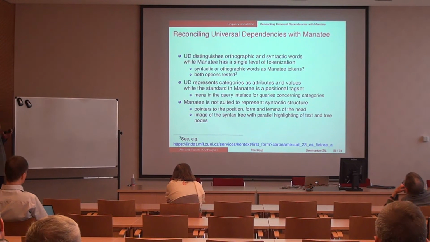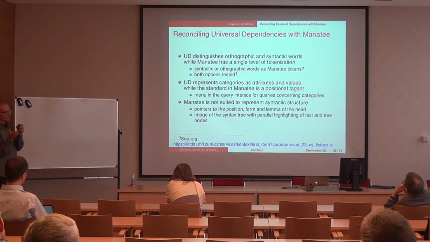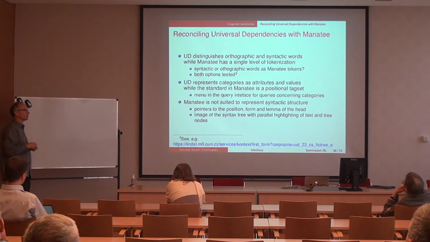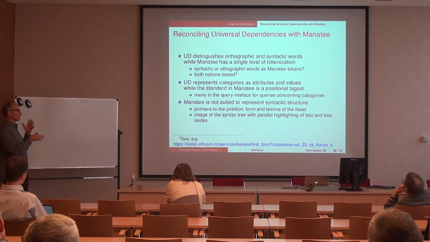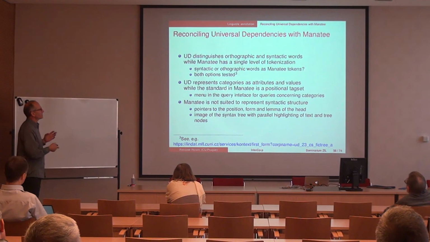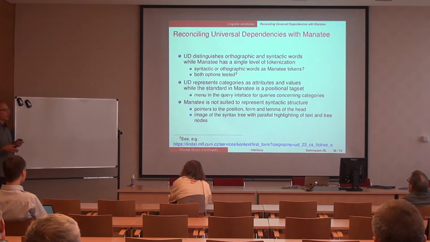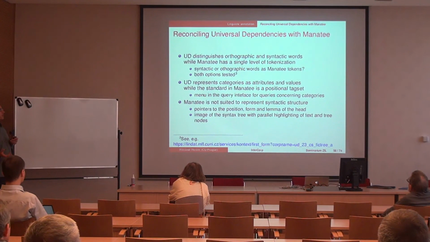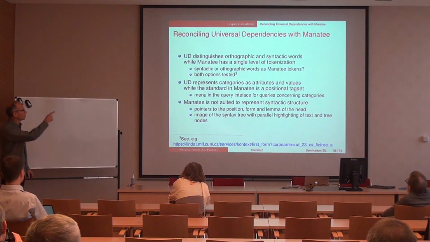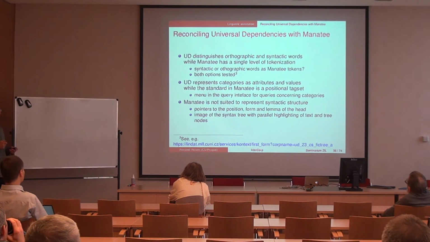Universal Dependencies represents categories as attributes and values, so number equals singular, while the standard in Manatee is a positional tagset, and it's not so well suited for attribute values. But you can compensate for that when you have a menu in the query interface for queries concerning morphological categories.